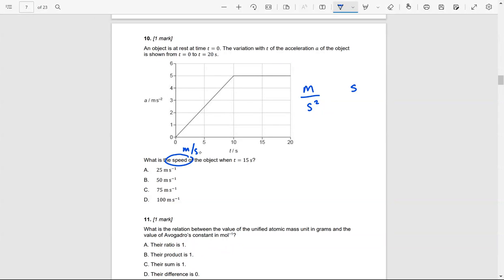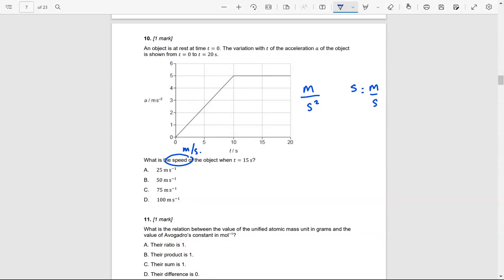Even if you don't know that the speed on an acceleration time graph is the area under the line, you could work it out by looking at the units. I've got my acceleration unit, I've got my time unit. What do I do with these symbols in order to get meters per second?